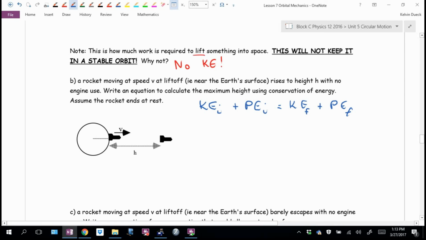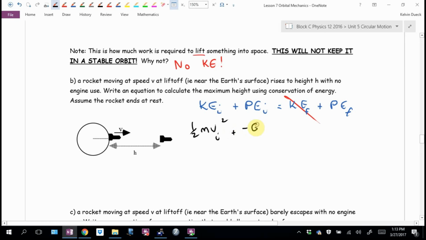Priya, what does this question say we can assume? So I think I can do that. Let's go a little further with this one. KE, what's kinetic energy been since physics 11? A half m v initial squared. And I guess initial, this would be the speed that we left the Earth's surface at.